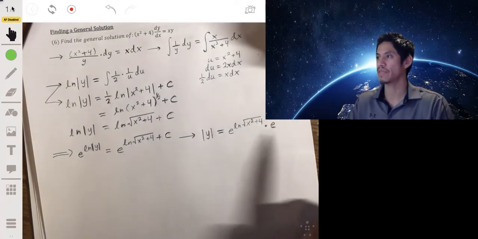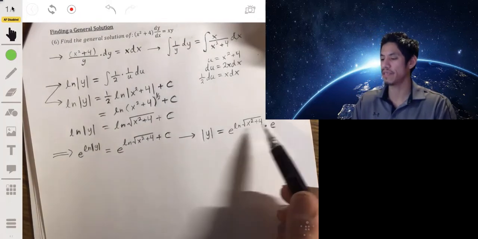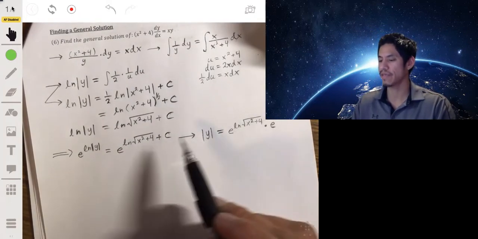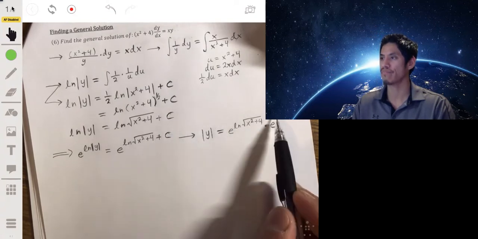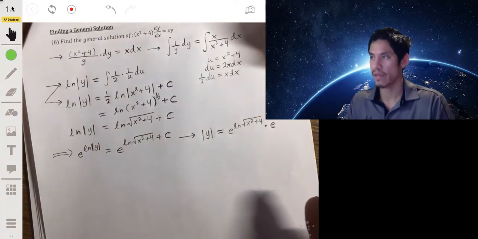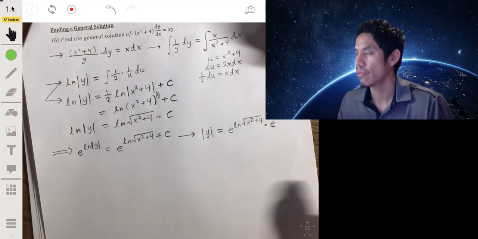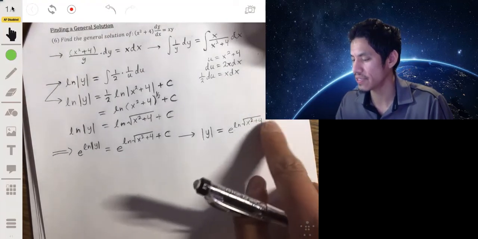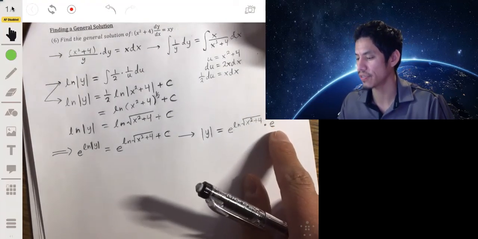The property of exponents, that when they have the same base e, you just add the exponents. So we're just going backwards from that. Now, we do that because this can be seen as just like a coefficient.